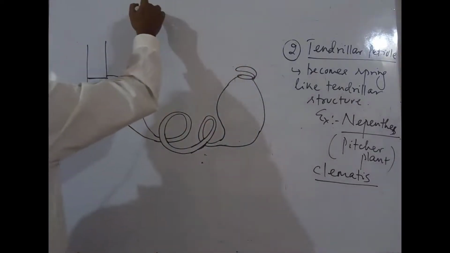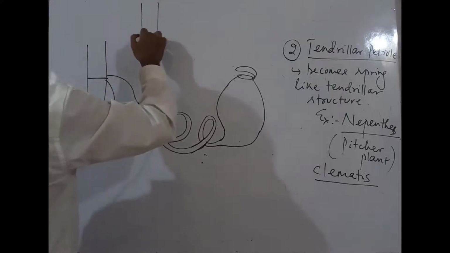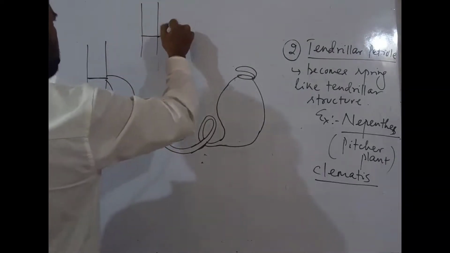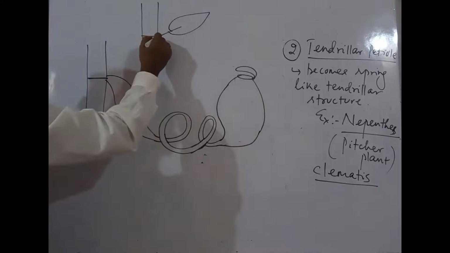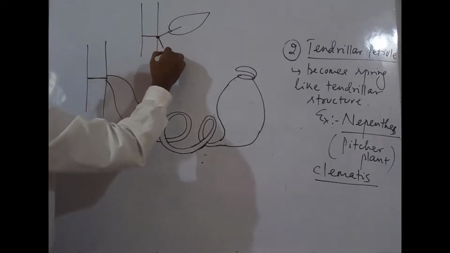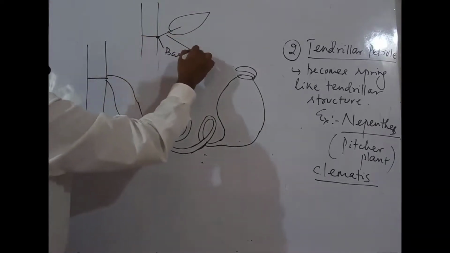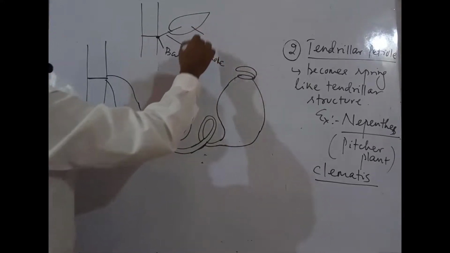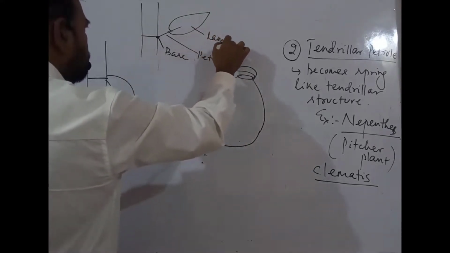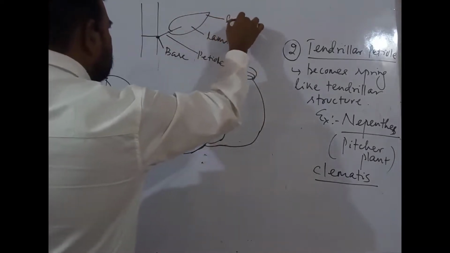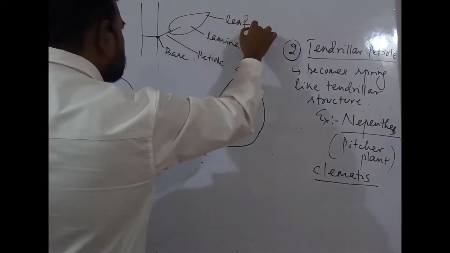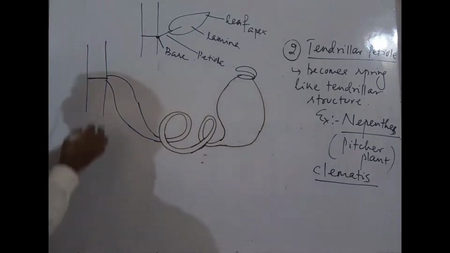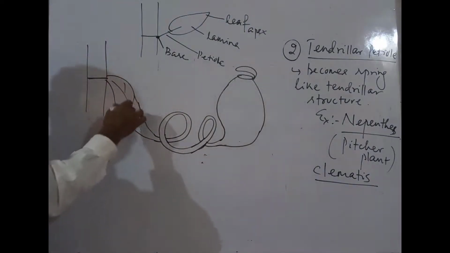You just look here. Suppose this is a normal plant, and this is the leaf. This one is the base, you know that? This one is the petiole. And this is the lamina. And this is the leaf apex. So here, this one is the base.